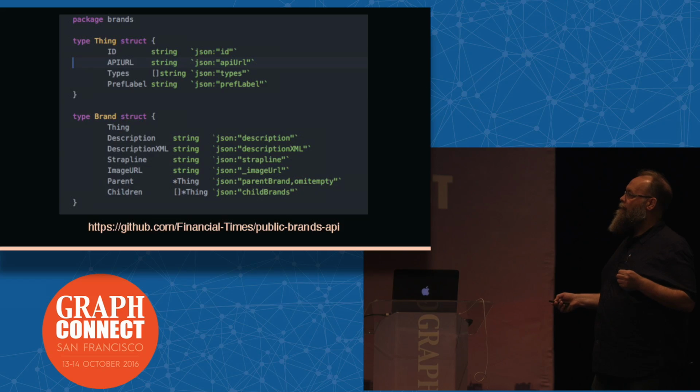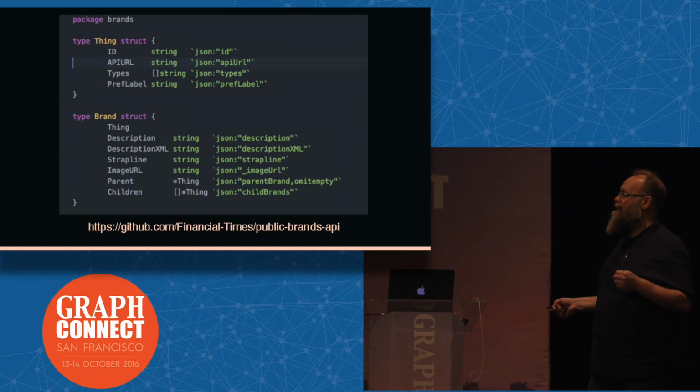And a thing means that you can have a connection to another thing. So in this particular case, a brand has a relationship with a parent and a set of children. It may have a relationship with something entirely different, like an organization. In fact, I'm quite surprised it's not got an organization in there.